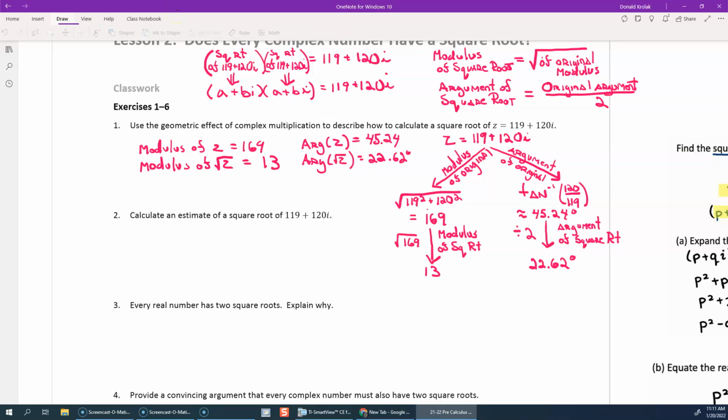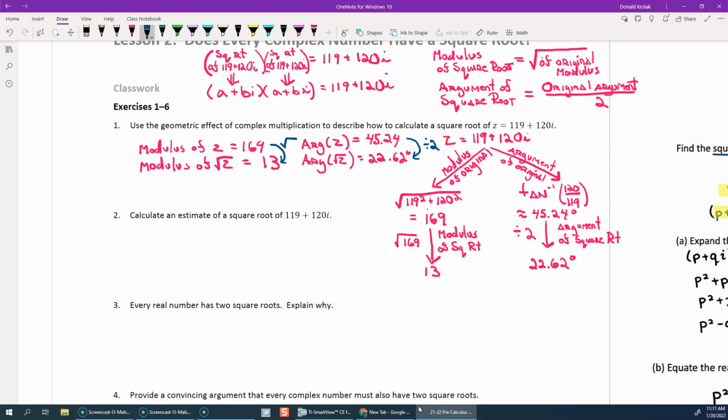And the way that we got these, let's see, this guy we divided by 2 to get that guy. And this one, we did the square root. Okay, so now we can estimate what the square root of this guy is.